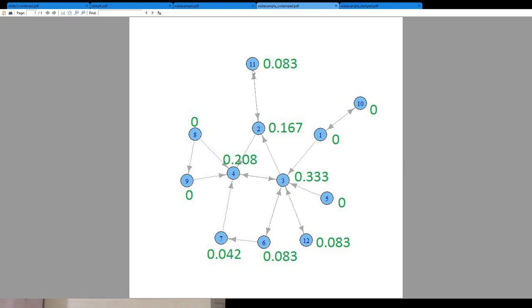Meanwhile, 11 has a low value because it's only linked to 2. And this is my PageRank. So if I had a search query and 11 and 3 both came out, then Google would rank 3 above 11 in the results page.